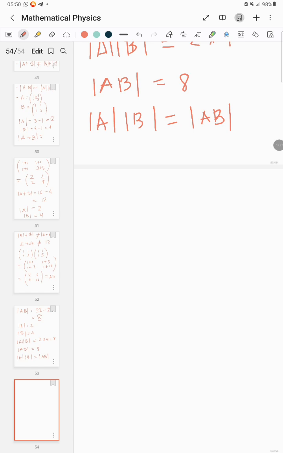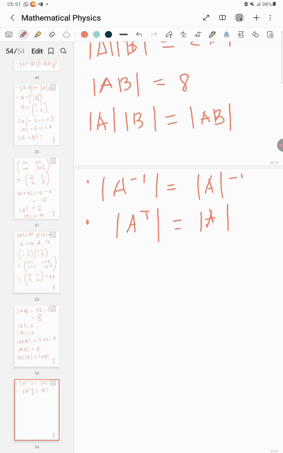Now there are basically some more properties of determinant. For example, what does our next property say? It says that determinant of A inverse is nothing but the inverse of the determinant of A. Similarly, another property says that determinant of A transpose is nothing but determinant of A. Alright.